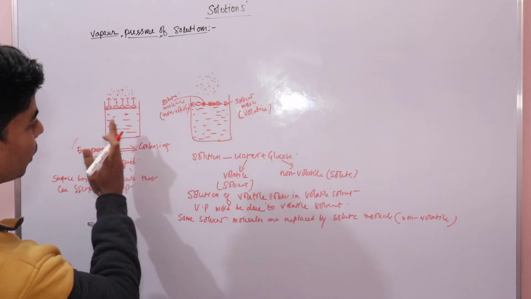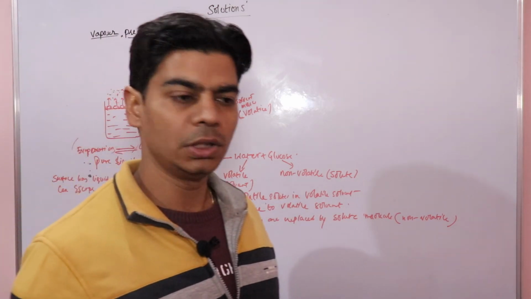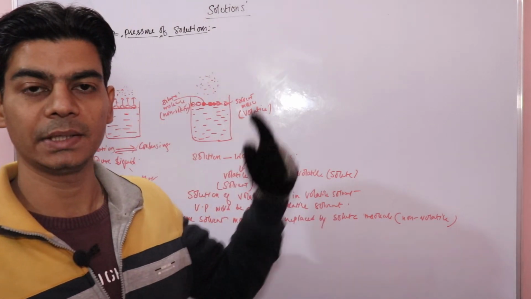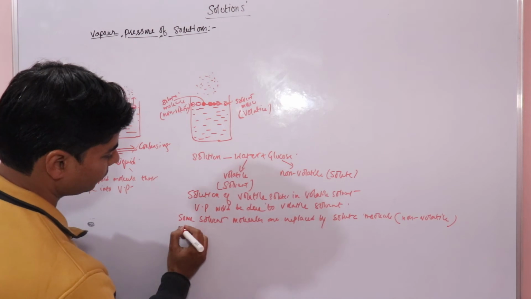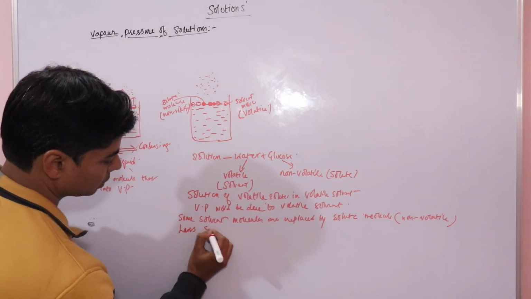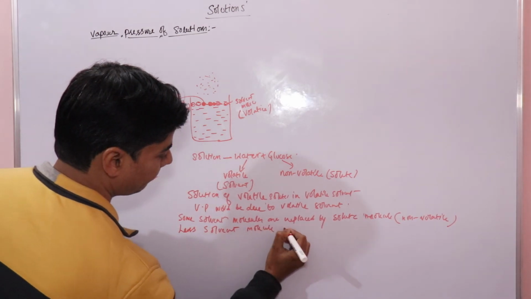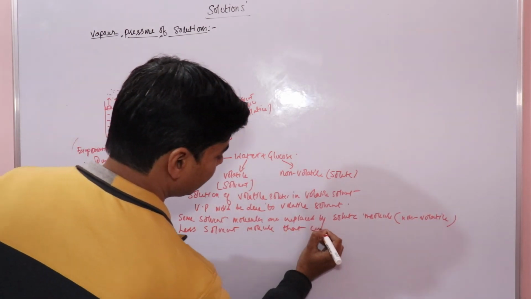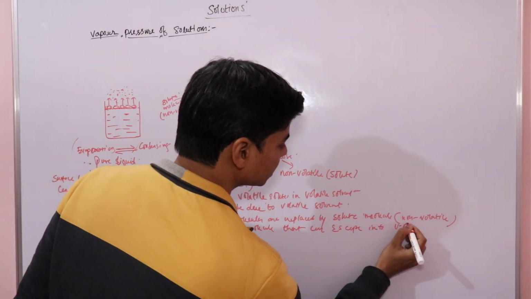So compared to pure liquid, we have less solvent molecules at the surface that can escape into the vapor phase. So we have less solvent molecules that can escape into vapor phase.